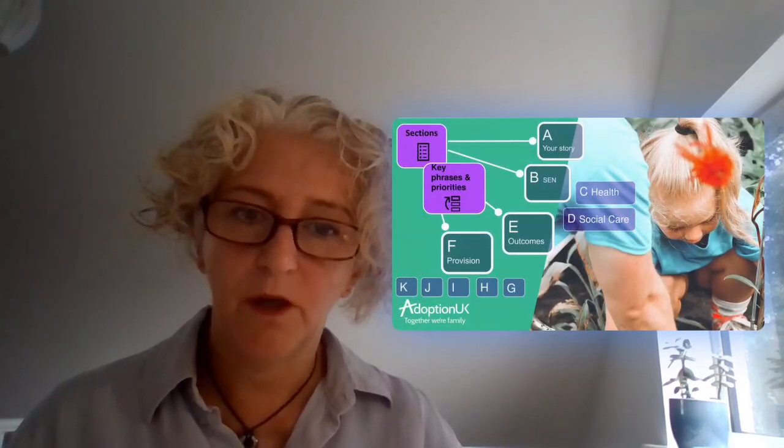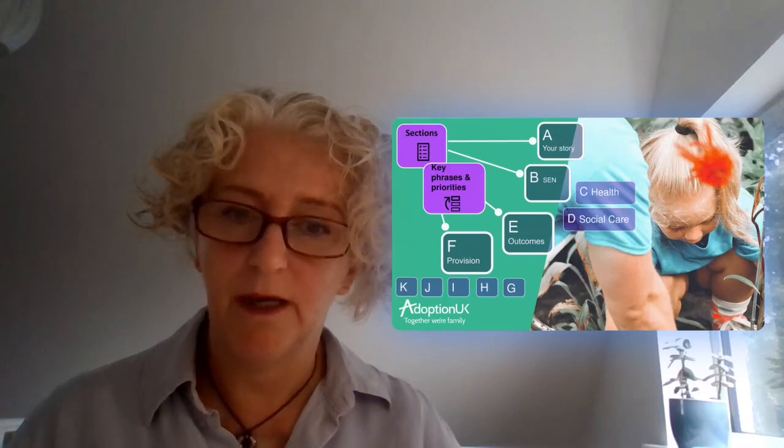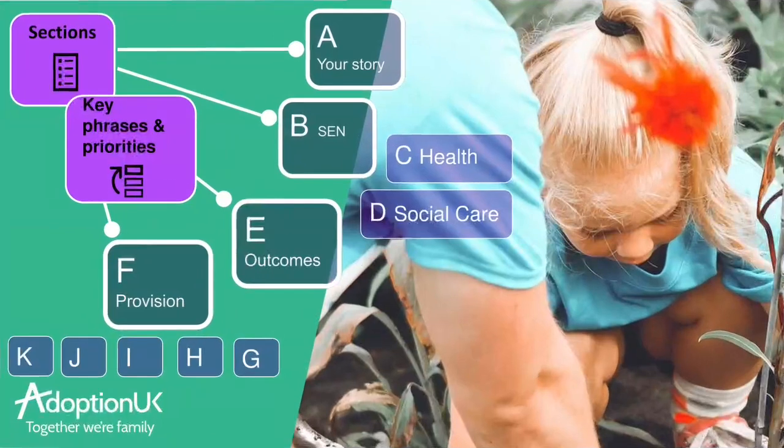So the way I'm going to move forward now is to look at the individual sections of the EHCP. Now I'm going to do a quick chat about section A, which is your story. Section B is the special educational needs as described or evidenced by professionals.